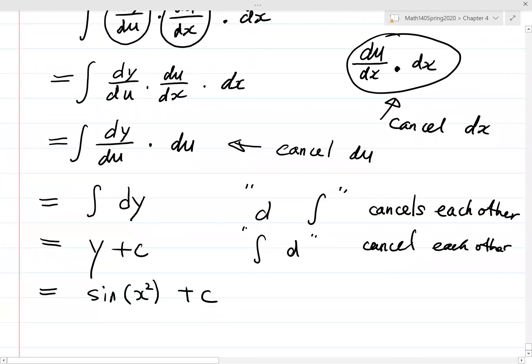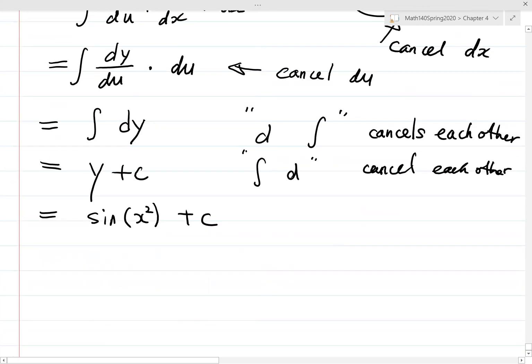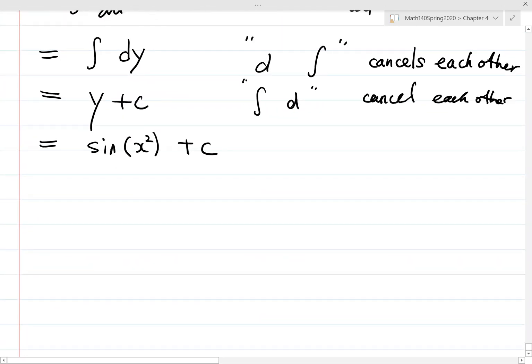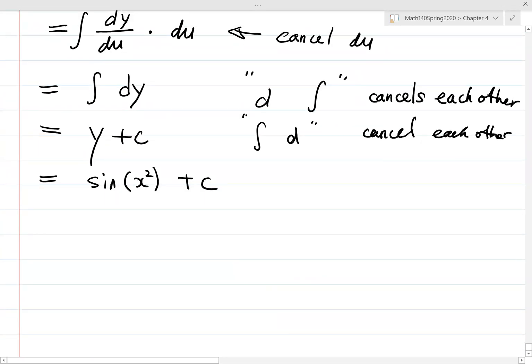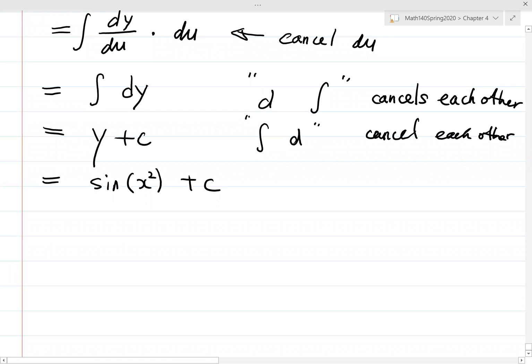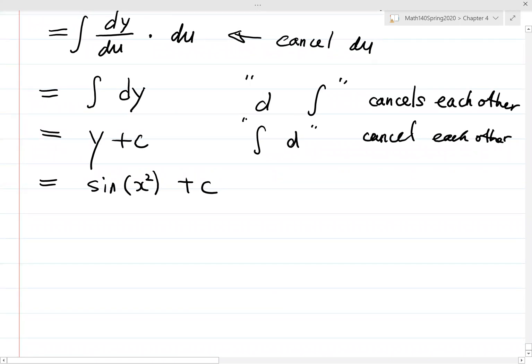Now it's better when you use the chain rule to try to use Leibniz notation. The substitution rule says the following.